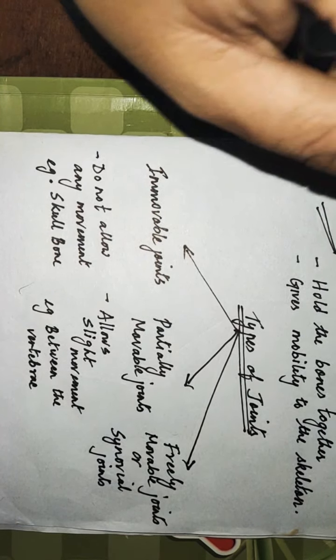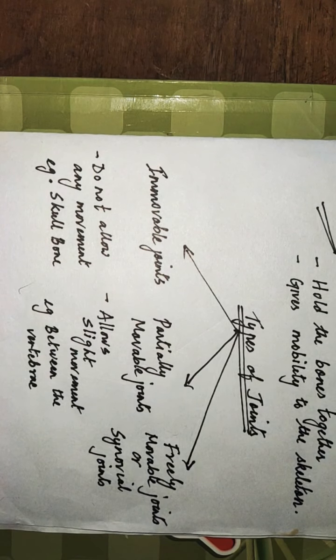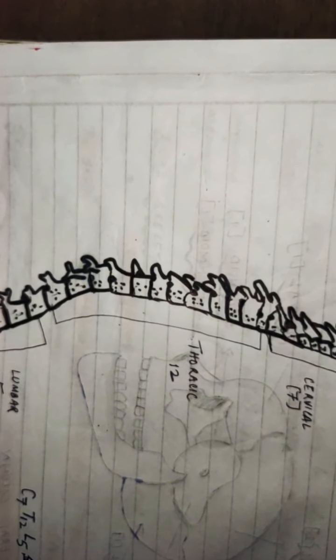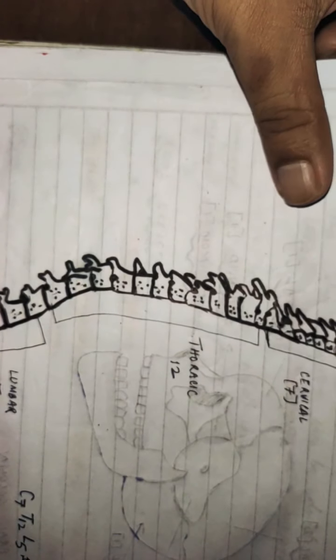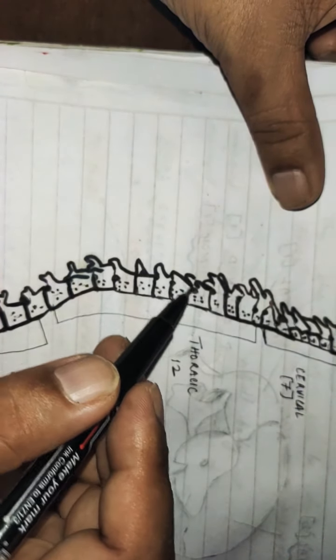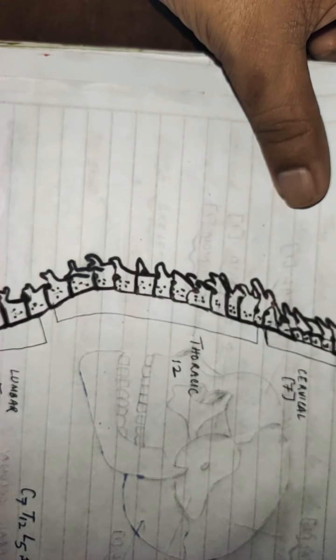Right, so it allows slight movement, example will be between the vertebrae. All right, so this is an example of partially movable joints, so slight movement of the vertebrae.